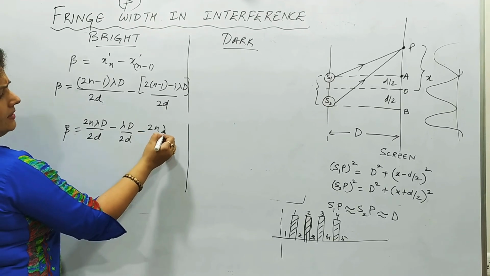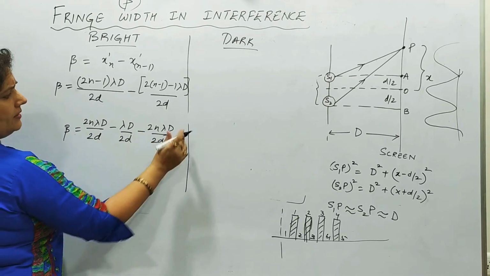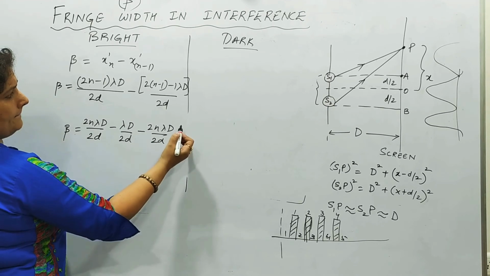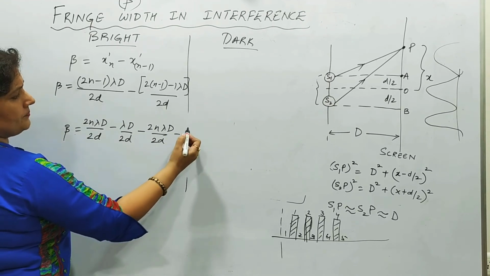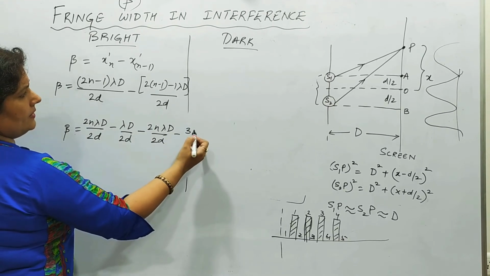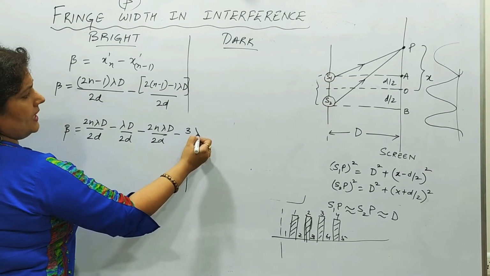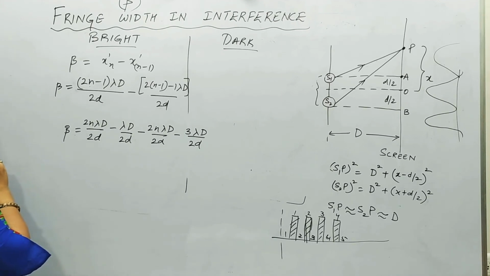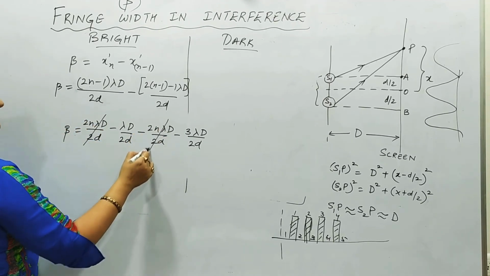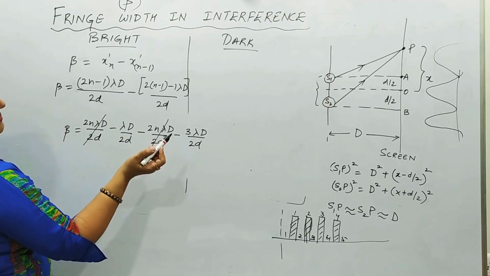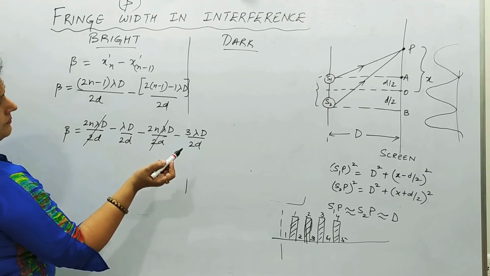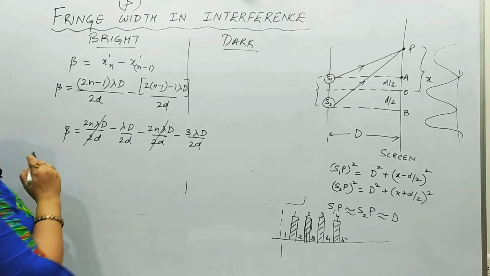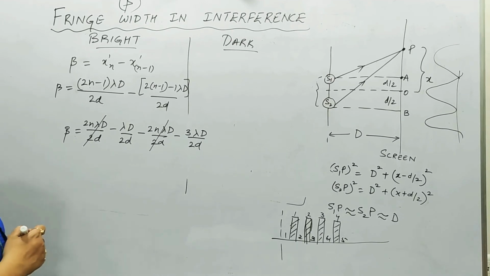So 2n lambda D by 2d minus 2n minus 3 lambda D by 2d. This is what we will get, right? Cancelling the 2n. Just check, am I going right?